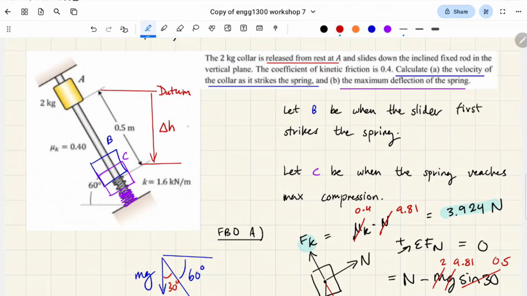So let's calculate it. Keeping in mind this angle here. Well, technically, this angle here was 60, right? So I'm just going to draw this one as 30. Cos because it's the adjacent side.